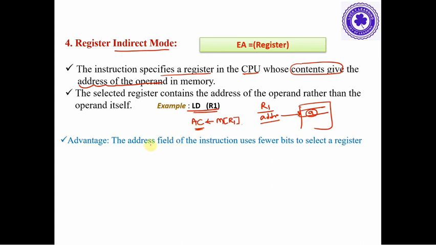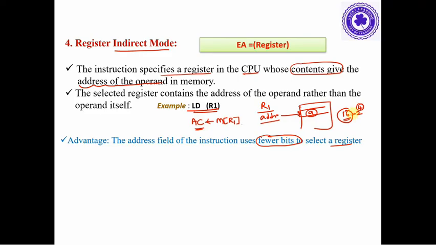Now, what is the advantage of this register indirect addressing mode? We use only a fewer number of bits to select a register. Suppose we have 16 registers; to select one of the registers we use only 4 bits, because 16 is equal to 2 to the power of 4.